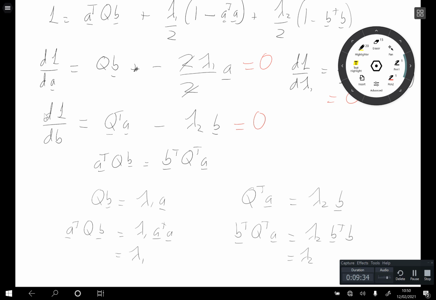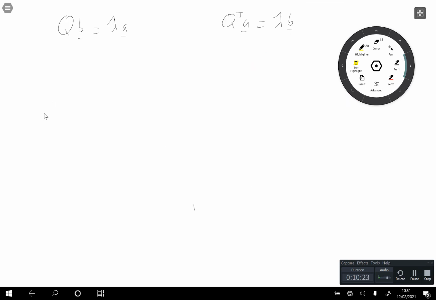And we've just said that A transposed QB is B transposed Q transposed A, so hence we find that lambda 1 equals lambda 2. So we've got two equations. The first one gives us that A is QB over lambda. Let's substitute that into here. We get Q transposed QB equals lambda squared B.